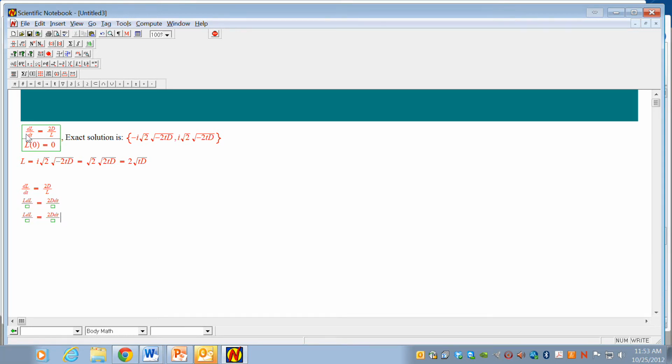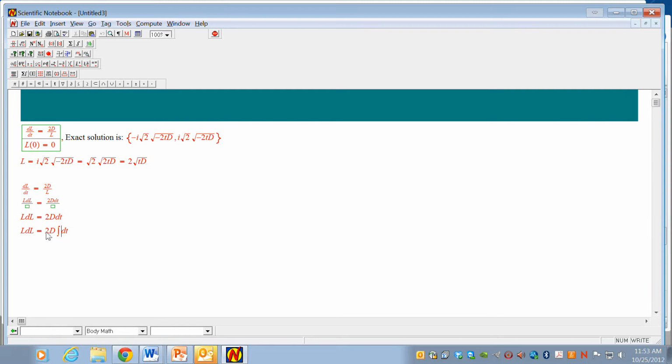We'll copy this and get rid of those fractions. So this is now the separated form, and we can integrate both sides. Actually, let me keep that separated form, copy and paste again, and then integrate both sides.